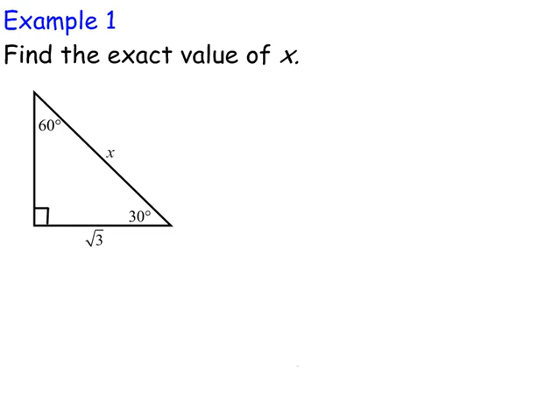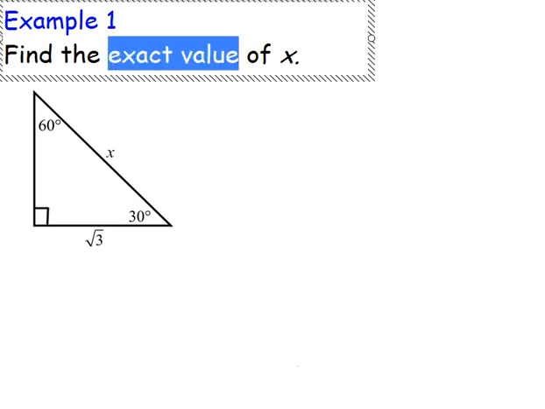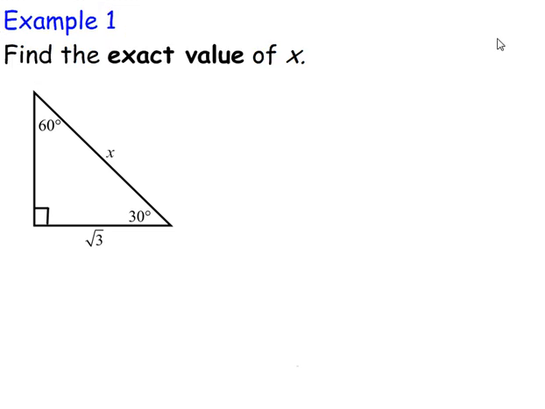Okay, so for our example, we are told to find the exact value of x. So we don't want the value in decimal form. We want the exact value of it. All right, so how do we do that?